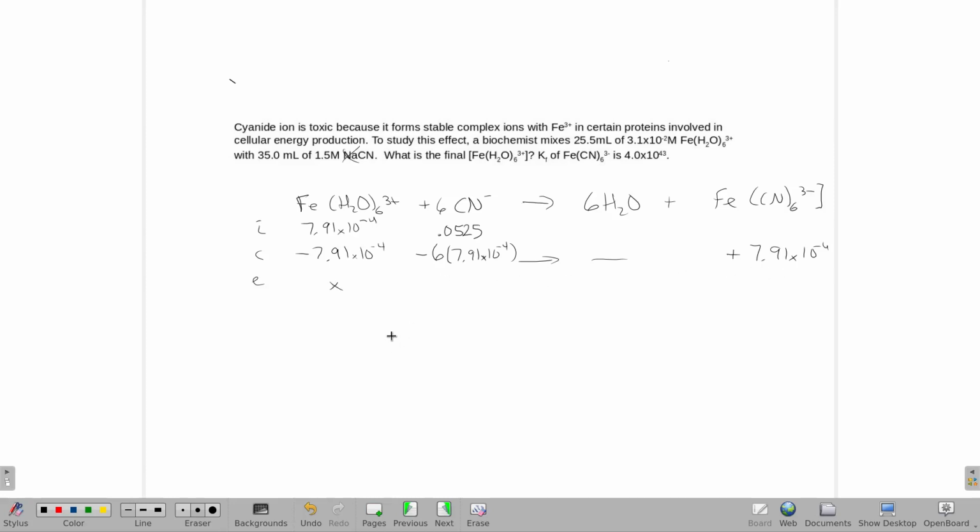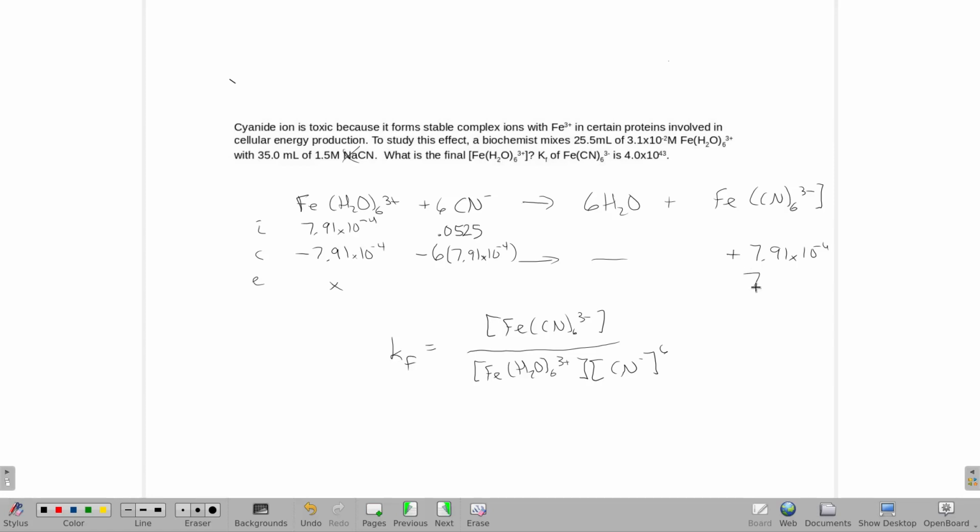So this entire equation, not Ksp, Kf, would have just the iron with the complex of cyanide all over the iron with the complex of water and the cyanide to the 6th, equal to our Kf.